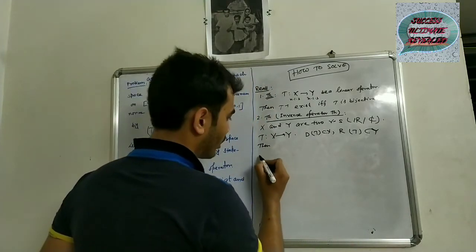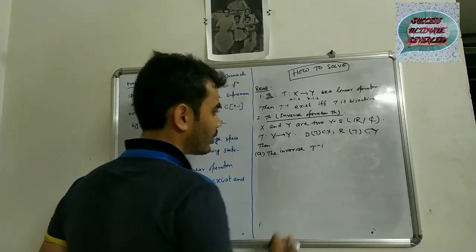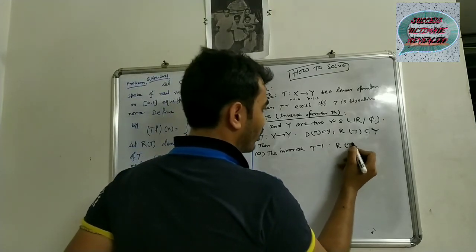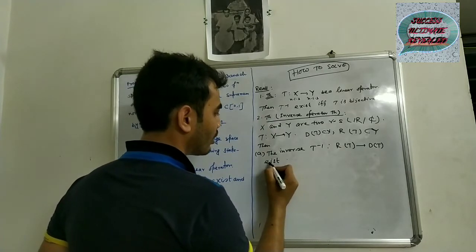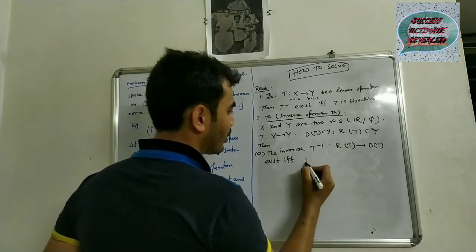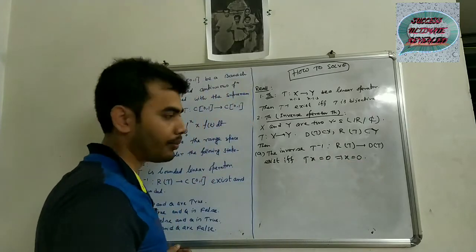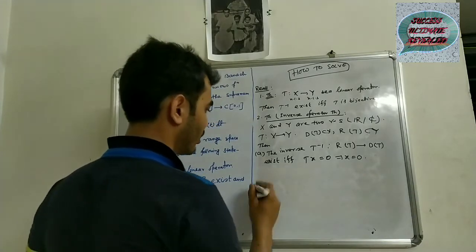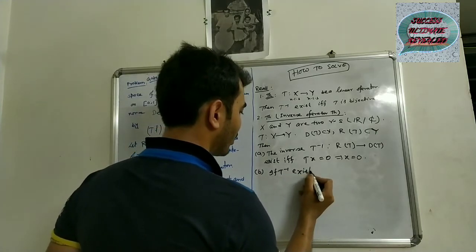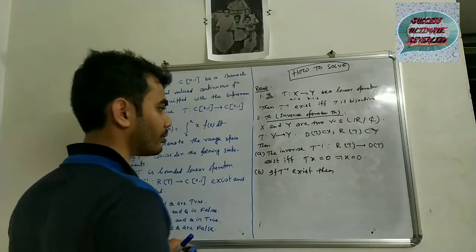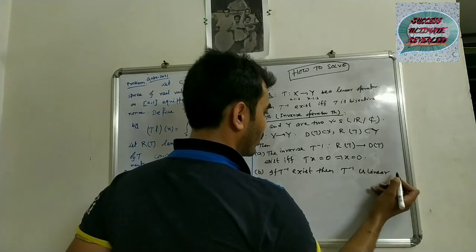Then the inverse T inverse from R(T) to D(T) exists if and only if T(x) equal to 0 implies x equal to 0. Clear? And if T inverse exists, then T inverse is a linear operator.